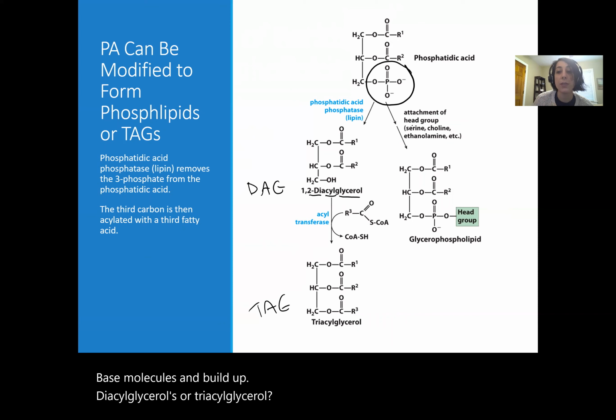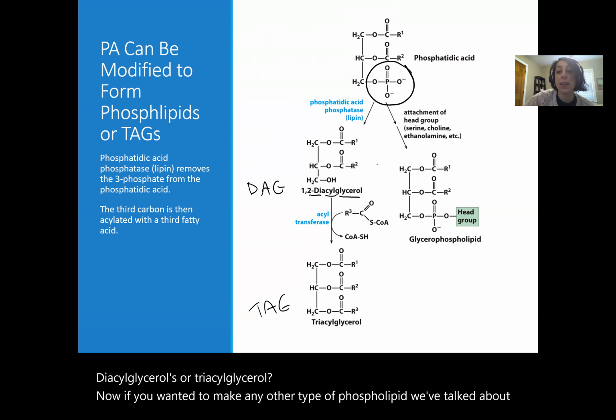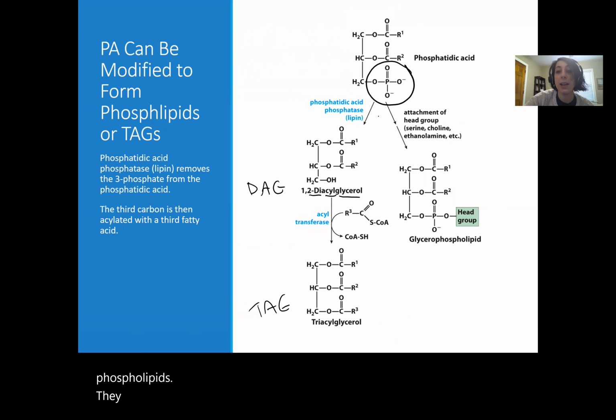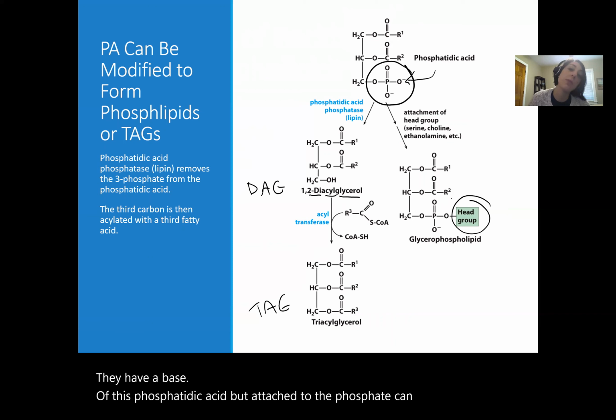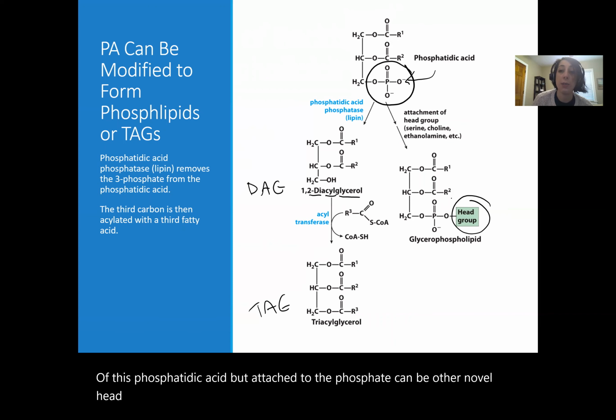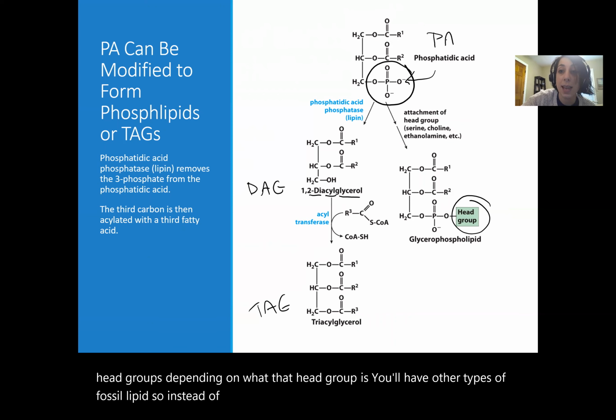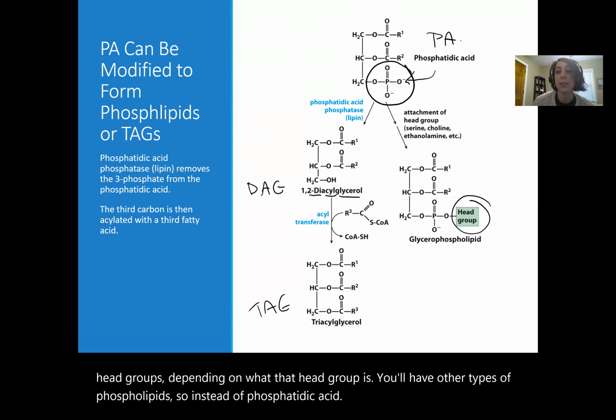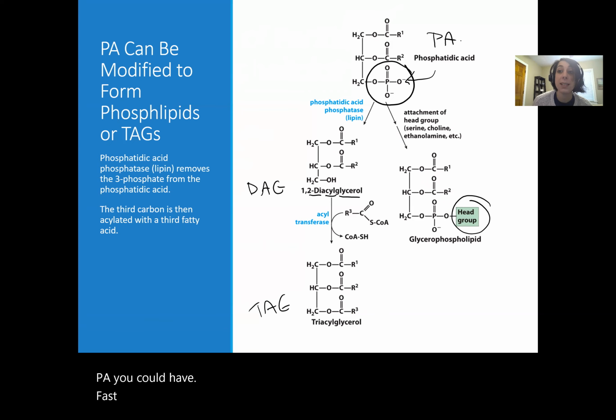Now, if you wanted to make any other type of phospholipid, we've talked about phospholipids. They have a base of this phosphatidic acid, but attached to the phosphate can be other novel head groups. Depending on what that head group is, you'll have other types of phospholipids. So instead of phosphatidic acid, PA, you could have phosphatidylinositol.